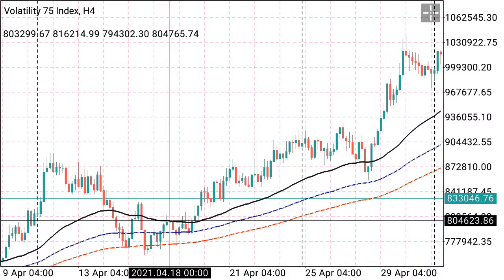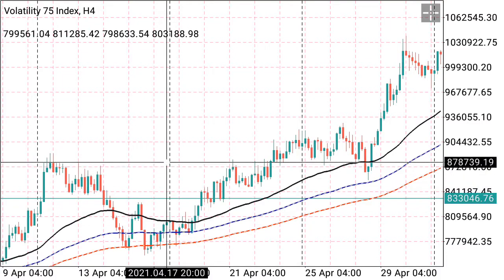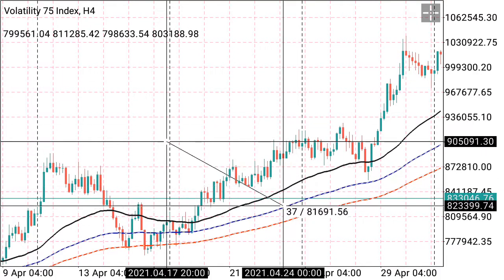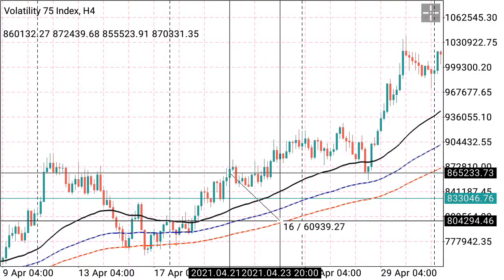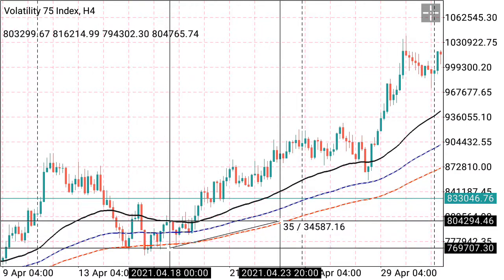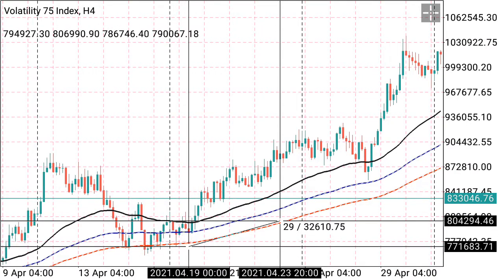18th of April. Average price set at 804. The first down move below average price, you captured 32,000 points.